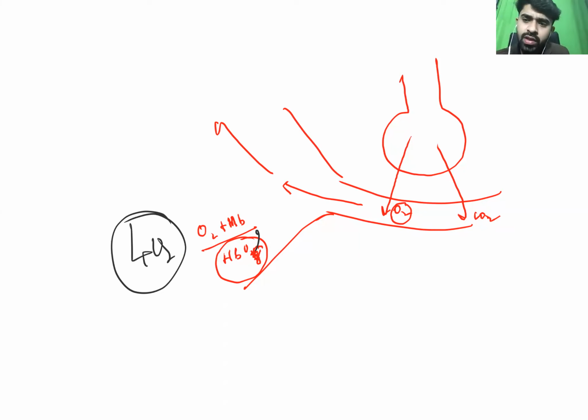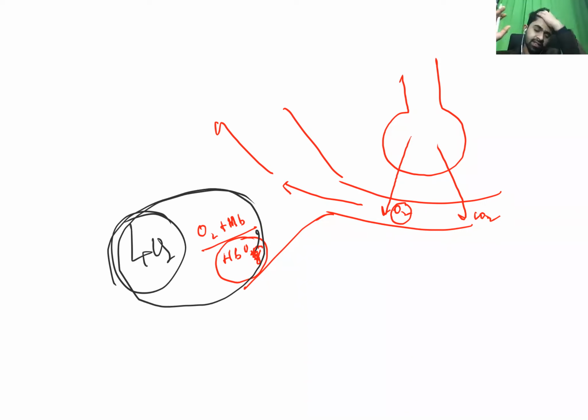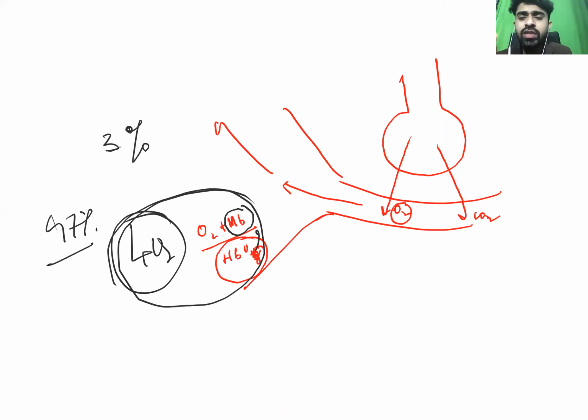Now I have to tell you, suppose there are, I guess, 400 ml of oxygen which is transferring from here to there. Can you tell me what percentage of oxygen is transported by binding with hemoglobin? 97%. But what happens with the 3% oxygen which doesn't bind with hemoglobin?